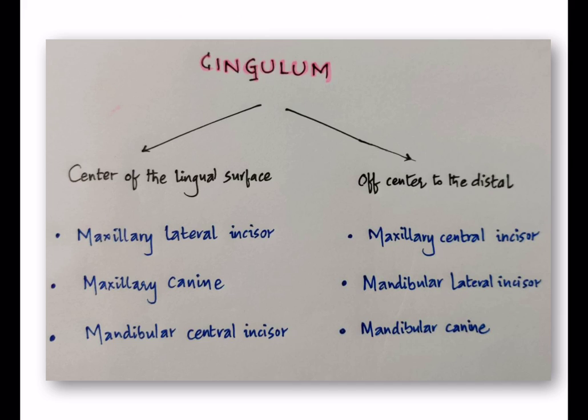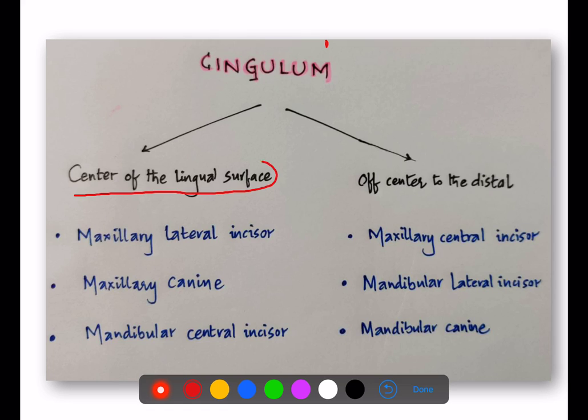This is a short note on the cingulum and its situation. The cingulum is present in the anterior teeth. Here you can see it is divided into two: when present at the center of the lingual surface, and when present off center, that is a little bit towards the distal surface.